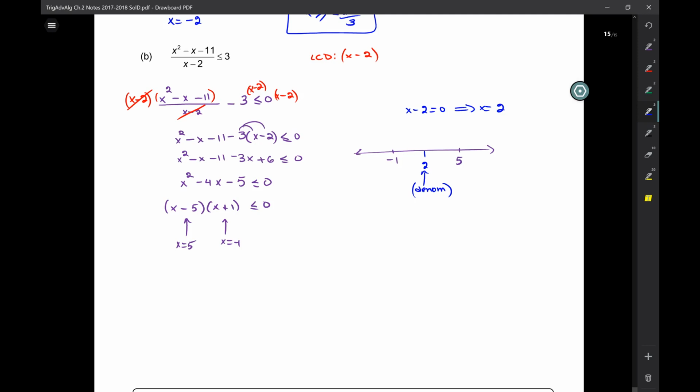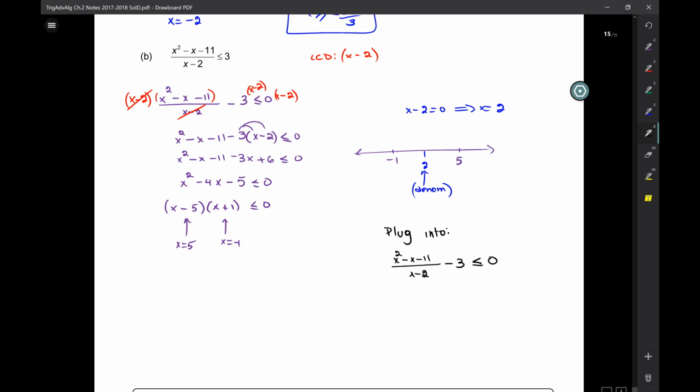So let's pick 0. Which region is 0 from? The second one. So let's pick 0, and we're going to plug it into this one, x squared minus x minus 11 over x minus 2. You wouldn't use the factor then?